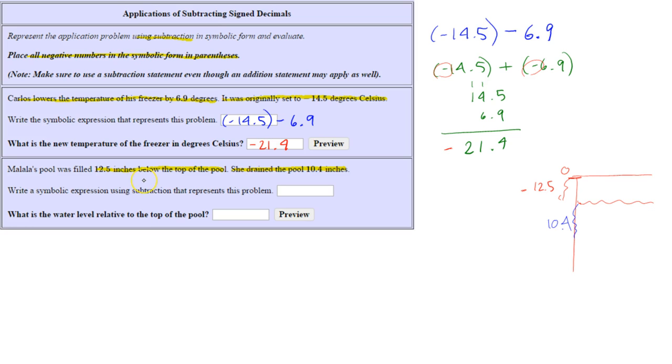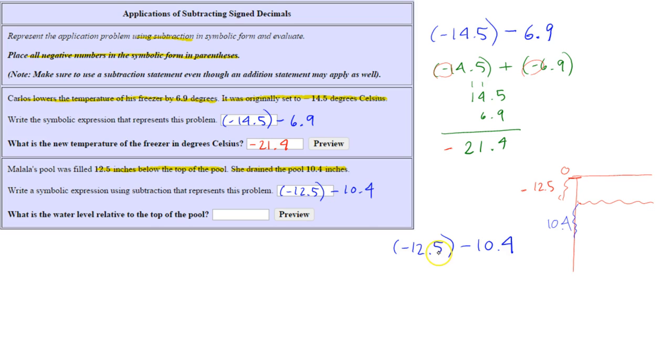So we're going to start with negative 12.5 inches relative to the top of the pool, and then she drained the pool, so we'll subtract off 10.4 inches. So this is representing a negative, this is representing subtraction. So we have negative 12.5 minus 10.4.